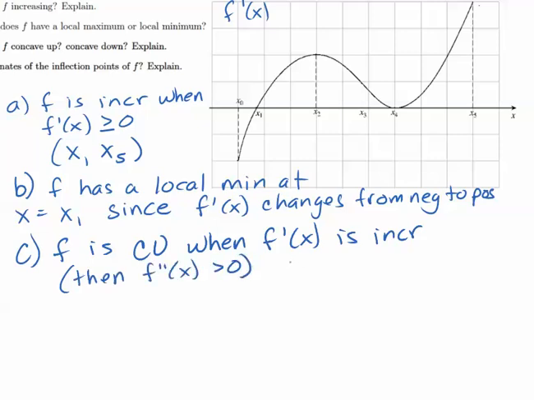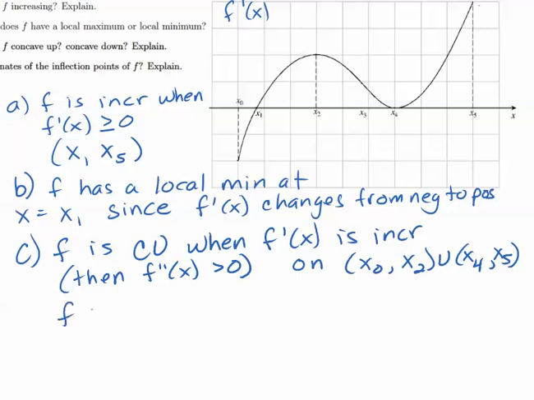So f prime of x is increasing on two different intervals, from x sub 0 to x sub 2 and from x sub 4 to x sub 5. If I'm reading those subscripts correctly.